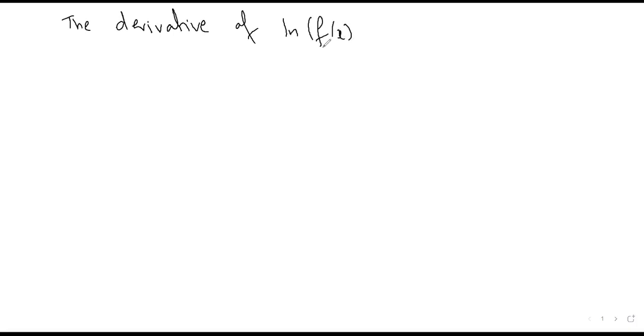Again, f of x, why? Because this natural log can have any function of x. We don't know, it could be x squared, it could be x, it could be anything. So y equals ln u. This is our substitution, where u is f of x.